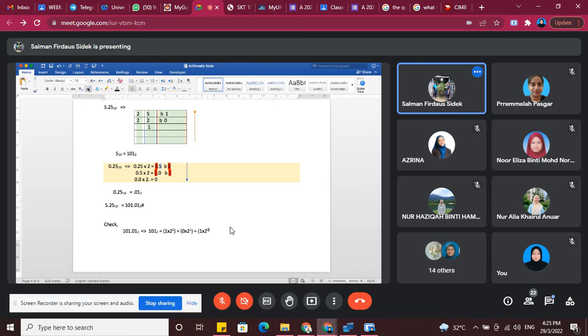Patutnya dapat 5. Okay. Untuk yang point tu, kalau nak teruskan pun boleh juga. Okay, 0 kali berapa agak-agak?